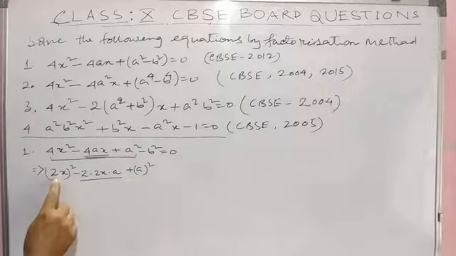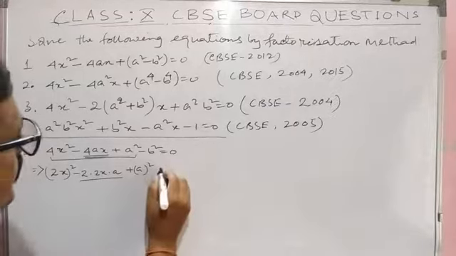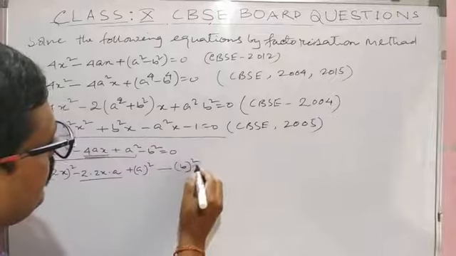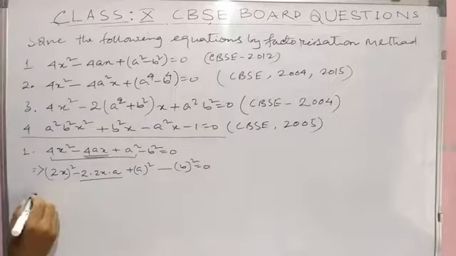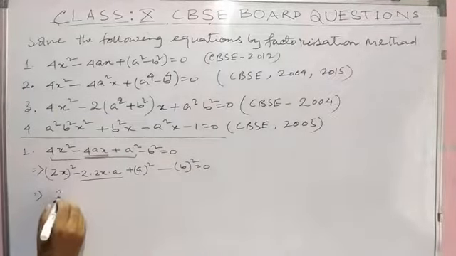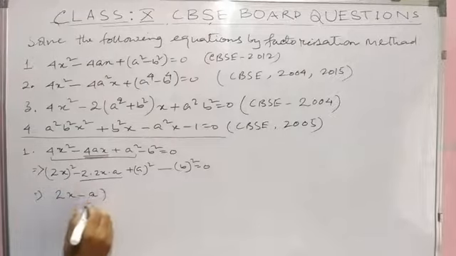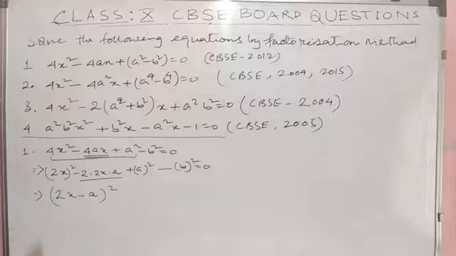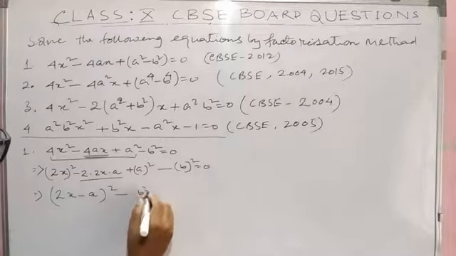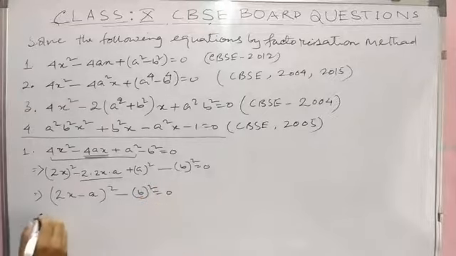So we got the formula here, a square minus 2ab plus b square. And this minus b square is there, so we can write this one as b square. So now you see this is (a minus b) whole square. And this b square minus b square equal to 0.